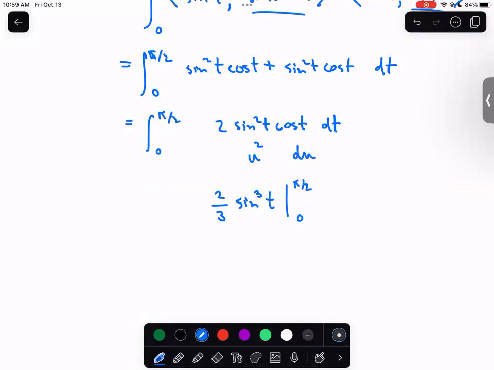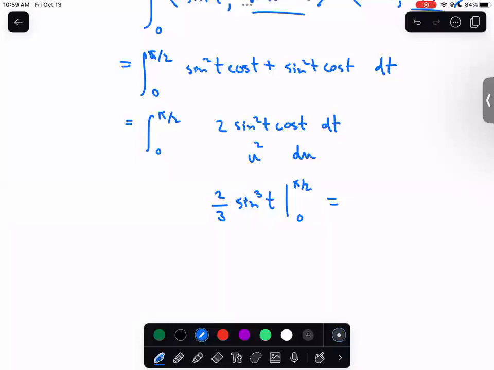Especially if you're going a little bit fast for your u substitutions. If I take the derivative of this, do I get back to where I started? Is this truly an antiderivative? Well, if I take the derivative, the 3 would come down, nicely cancel out with the 3 in the denominator there. Reduce my power by 1, so that'd be sine squared, and then multiply by the derivative of the inside. The derivative of sine is cosine. So yes, this seems to be working out well.